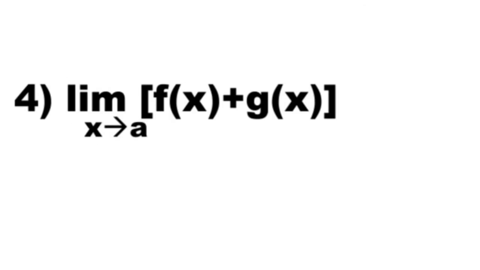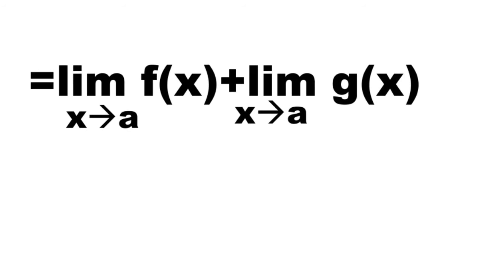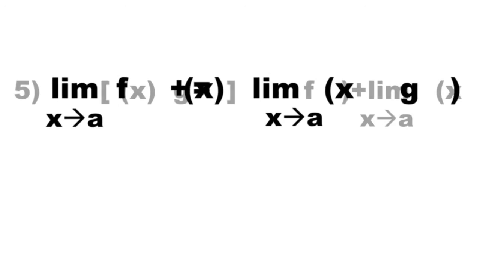The fourth theorem is the limit of f of x plus g of x as x approaches a equals the limit of f of x as x approaches a plus the limit of g of x as x approaches a.